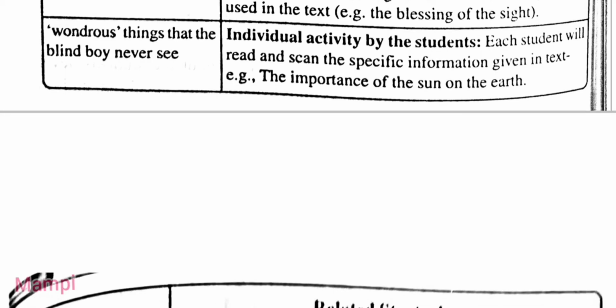Individual activity by the student. Each student will read and scan the specific information given in the text. For example, the importance of the sun and the earth. Next point is question answer strategy.